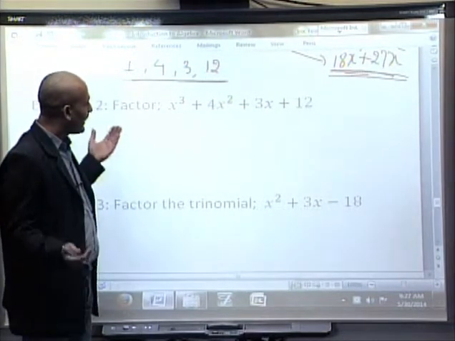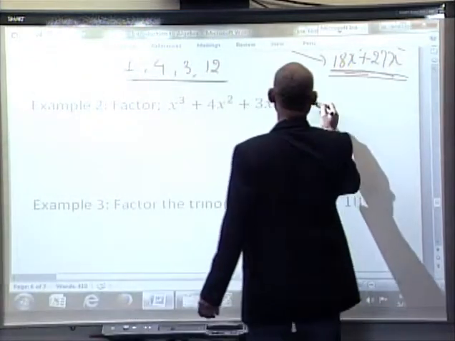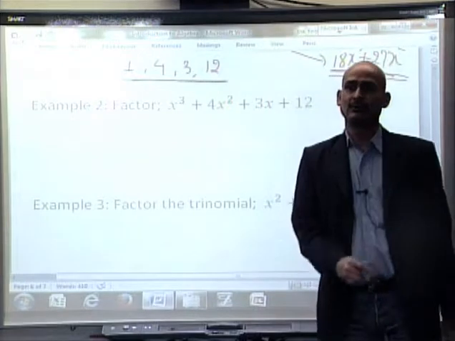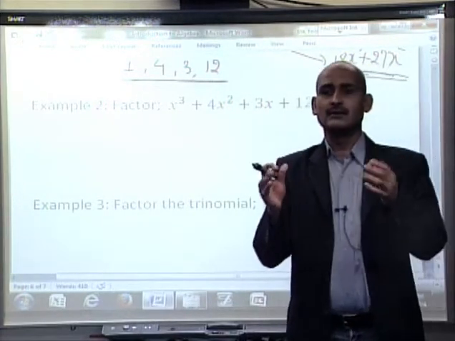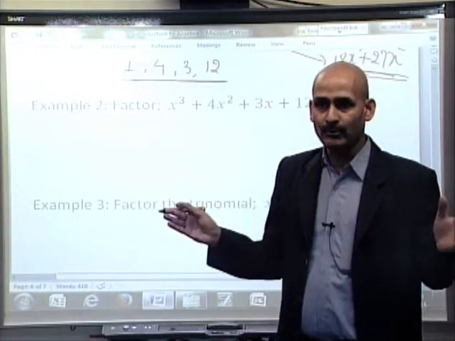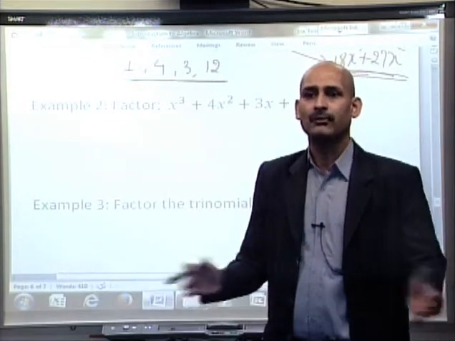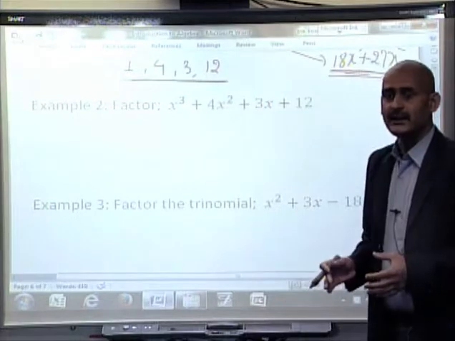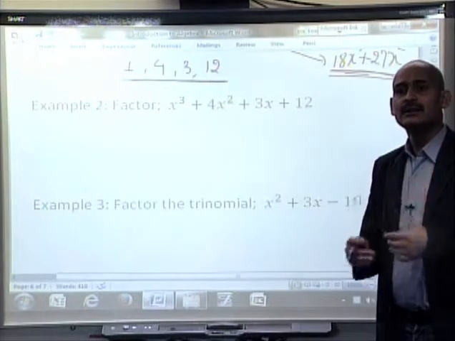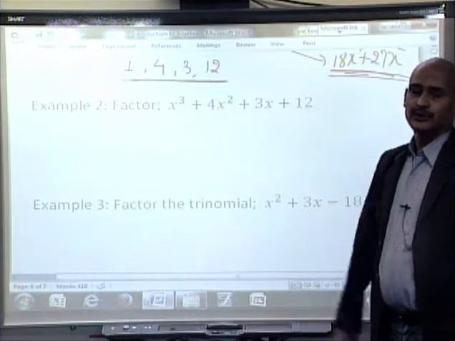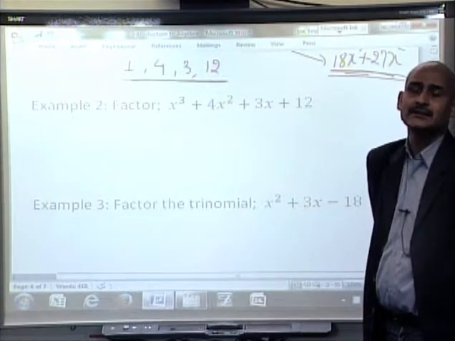Now if we look at the x, this 12 does not have any x, so we cannot factor any variable out either. So neither can we factor a number out of the 4 terms, nor can we factor the variable out from the 4 terms. So factoring the greatest common factor does not help in this question. We don't have any greatest common factor.